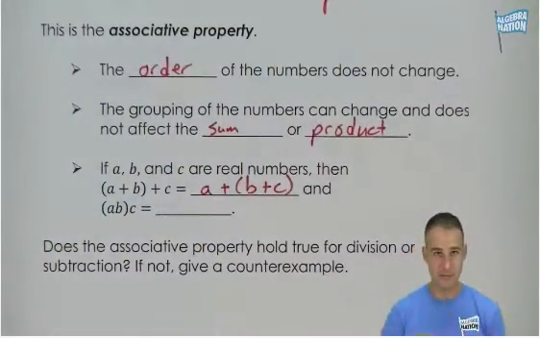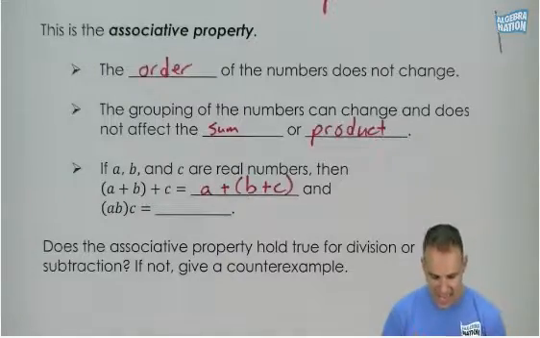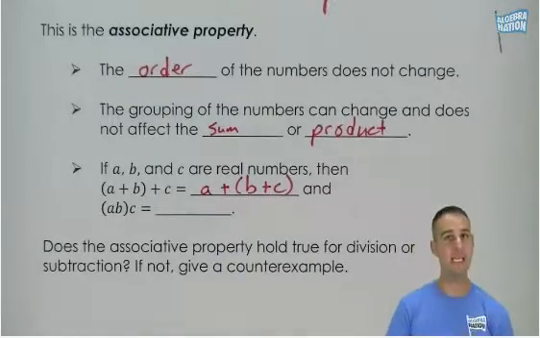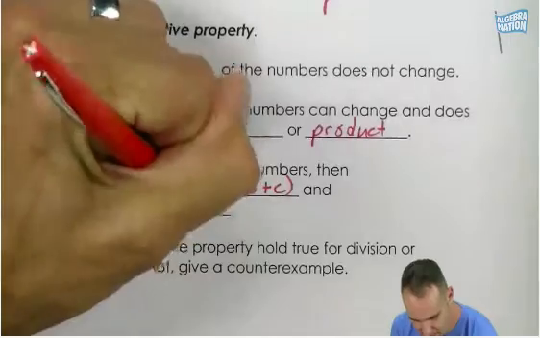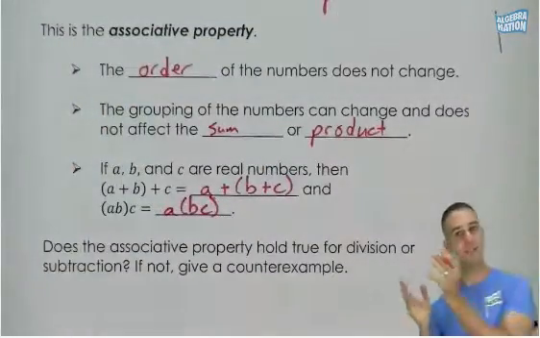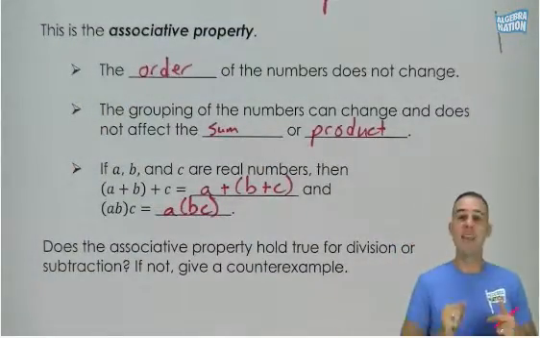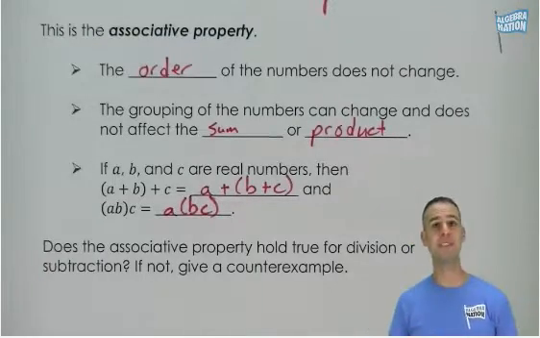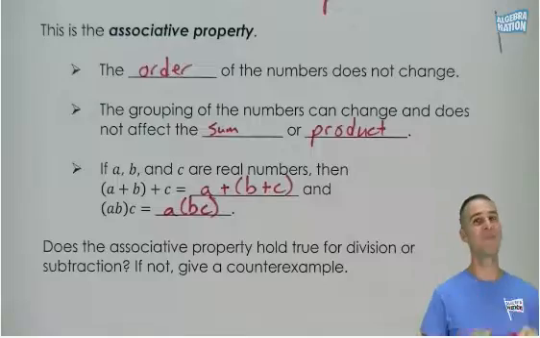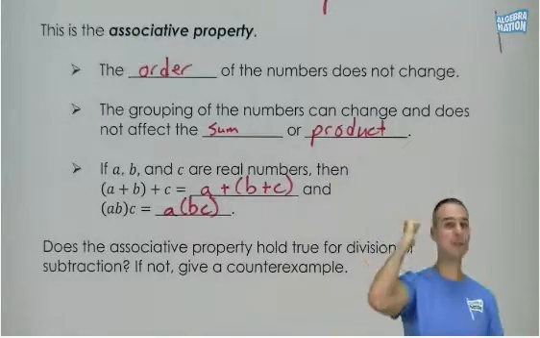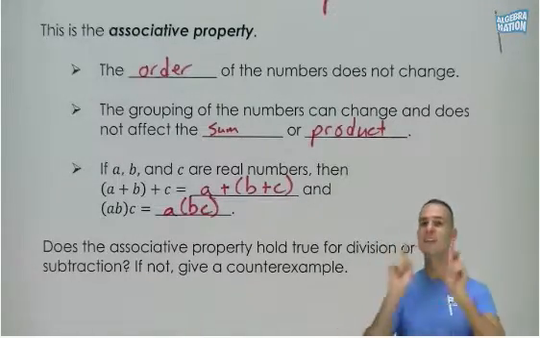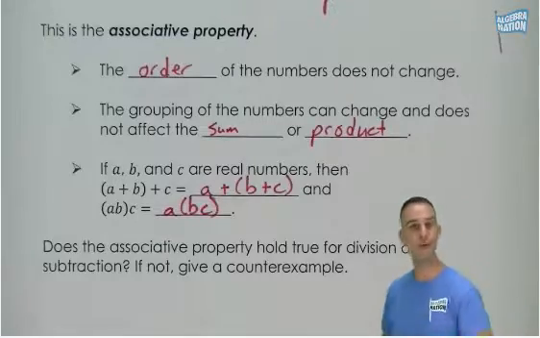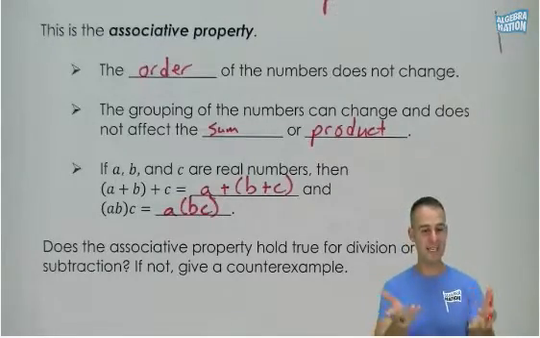Notice I changed the parentheses around. Also, (a times b) times c is equivalent to a times (b times c), as you can see. Now, once again, does the commutative property, or excuse me, this time it's the associative property. The last page was commutative, this one's associative. Does it hold true for division or subtraction? If not, give a counterexample.